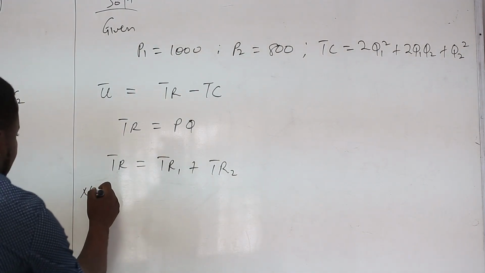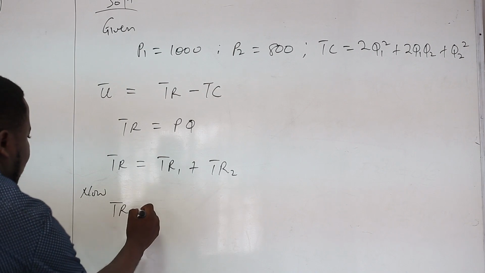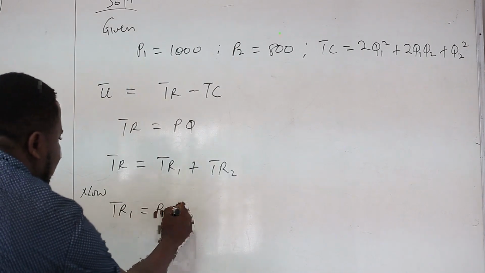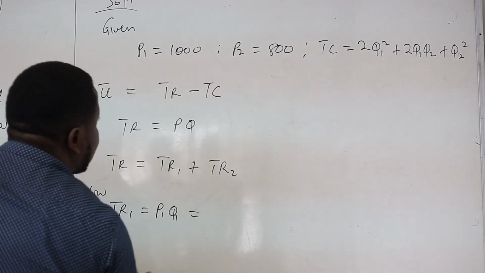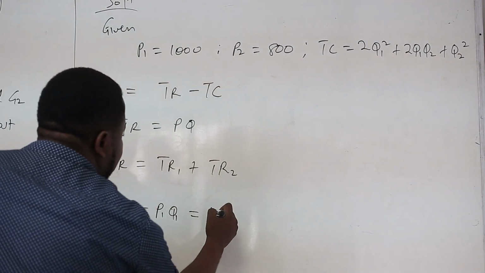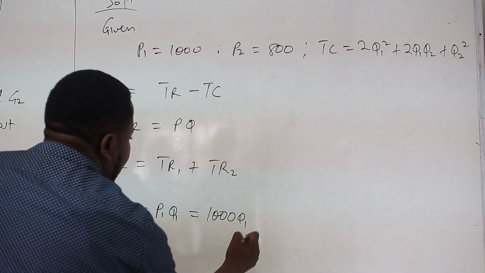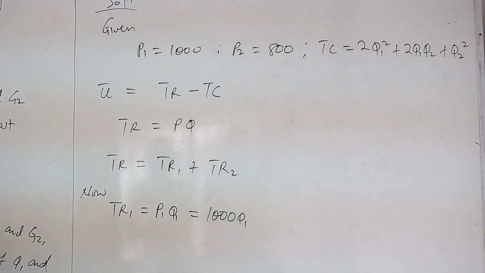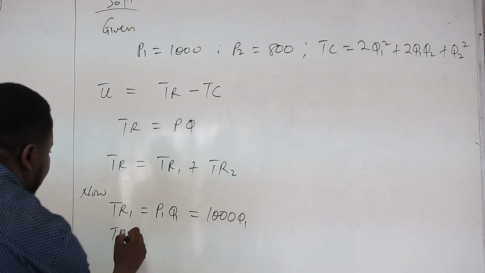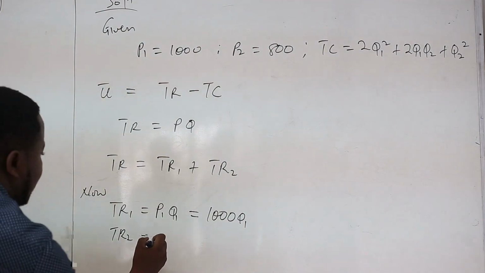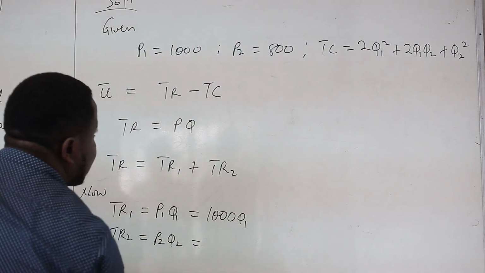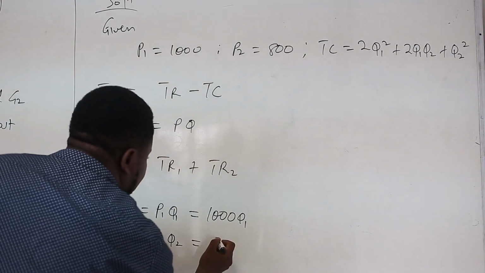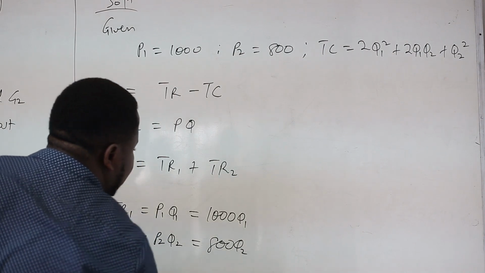So now TR1 is equal to P1 times Q1, which is equal to, so P1 is equal to 1,000 Q1. Then TR2 is equal to P2 times Q2, which is equal to, P2 is equal to 800 times Q2.